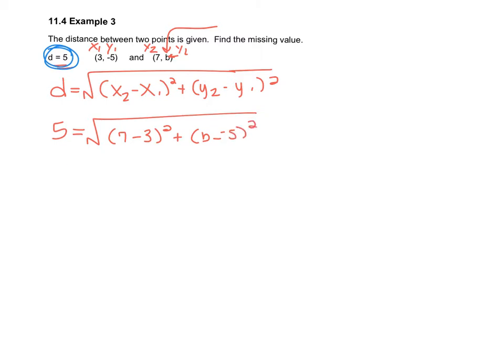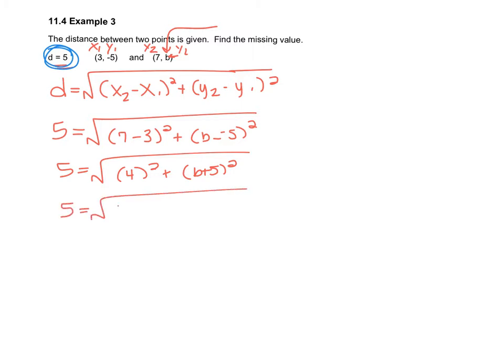And now if I start to simplify this out one more step, I get 7 minus 3 is 4 squared. I can't really do much with this right here. I have b plus 5 squared. I'm just going to leave it for now. And then I can simplify this one step further. I get 16 plus, and I'm going to leave the b plus 5 squared in parentheses.